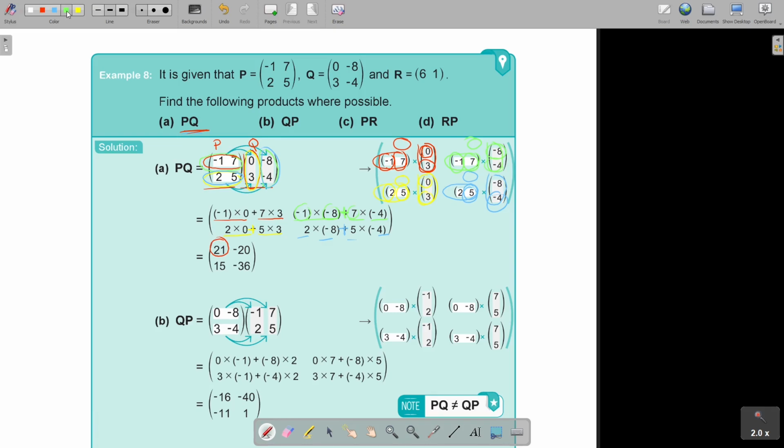And then this one is going to be 8, and remember 8 minus 28 and that's going to be -20. And this is going to be 0 plus 15, so it's going to be 15. Let's just mark it there. And this is going to be -16, -20, and that's -36, and that's how you do it.